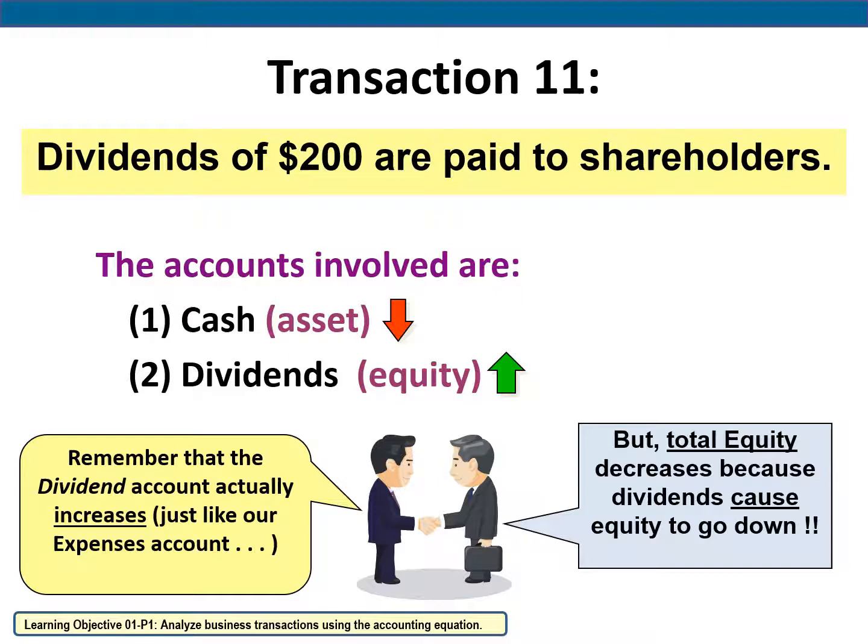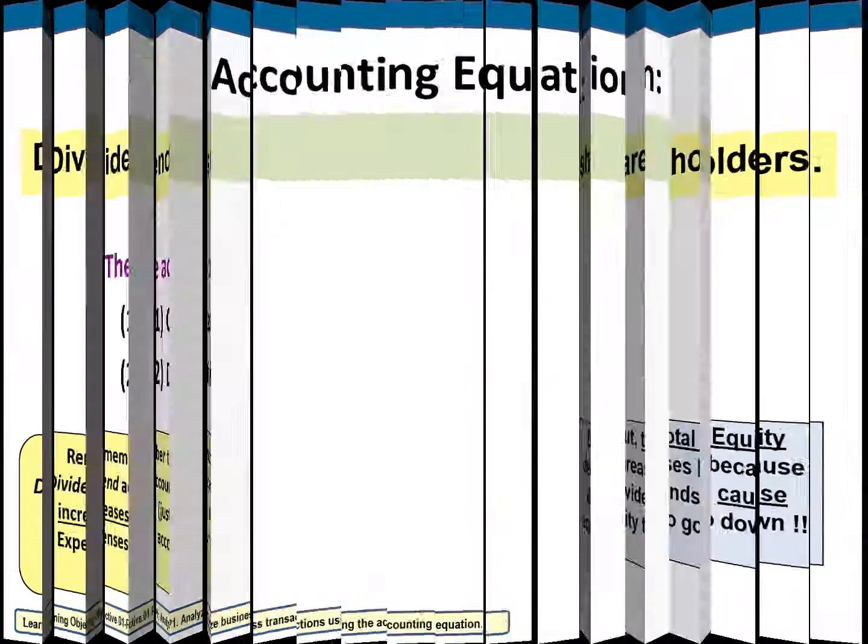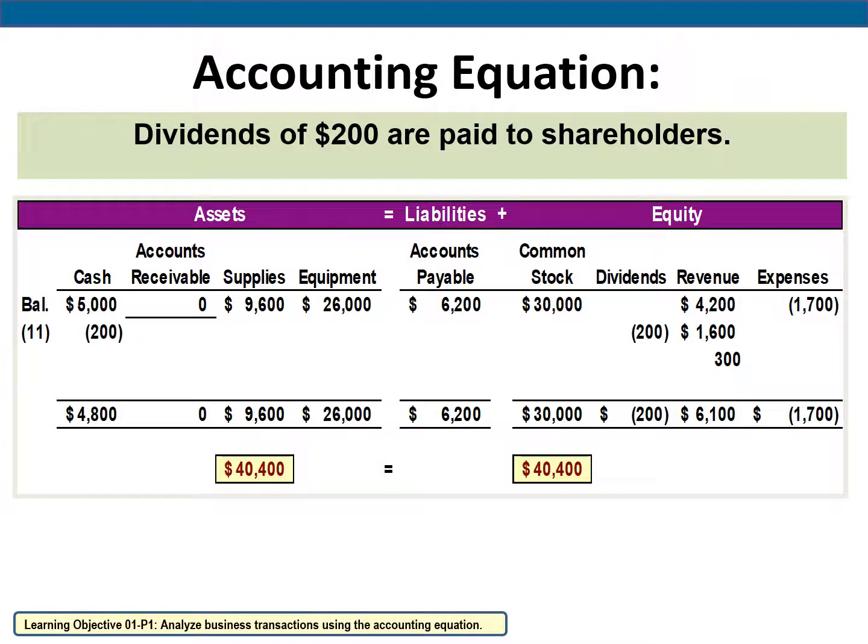So our dividend account is going to go up because we're paying dividends to our shareholders, but like expenses, dividends have an inverse relationship with equity, and so our dividend account is going to go up, but our equity is going to go down. So if we were to look at it in the accounting equation, we have our $200 reducing our cash, we have our $200 in our dividends, and although the dividend account is going up, the way that it's presented here is as a negative number because it's reducing our equity because it has that inverse relationship with equity. And our accounting equation is still in balance.